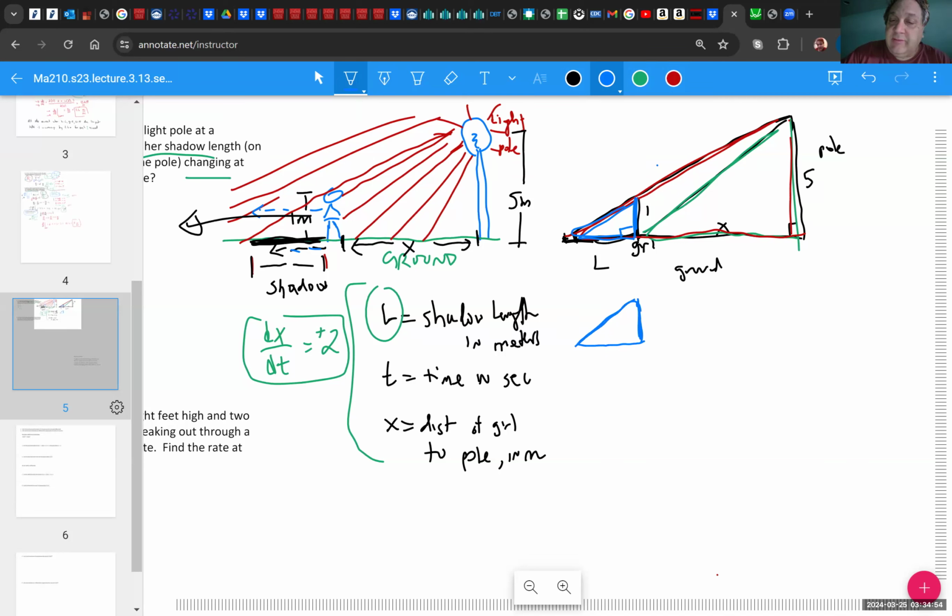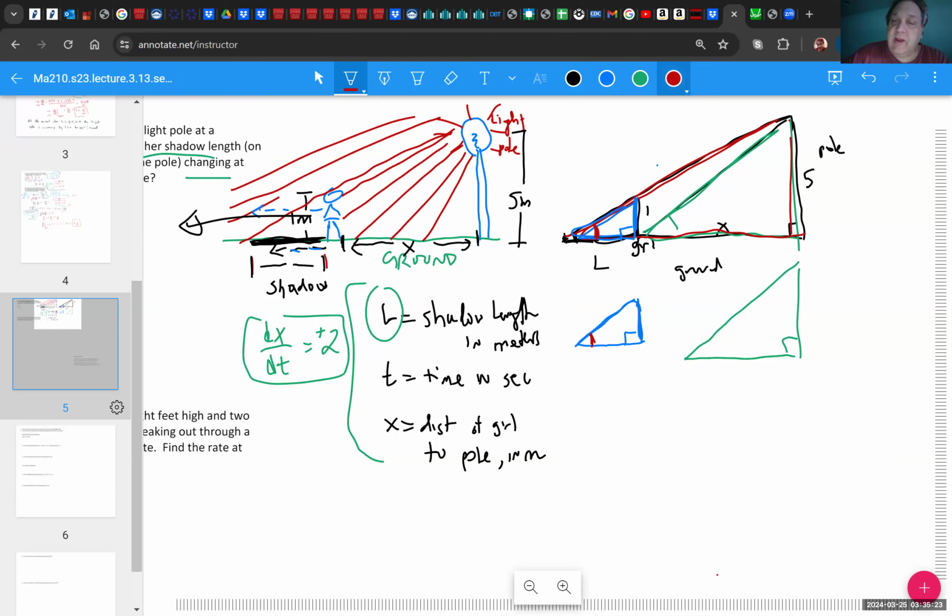This blue triangle has a right angle here, and it has an angle that I'll just put here in red, that angle right there. The green triangle has a right angle, but this angle is not the same as the red angle. It's a different angle, because it goes higher than the other one. So it's not the same angle.